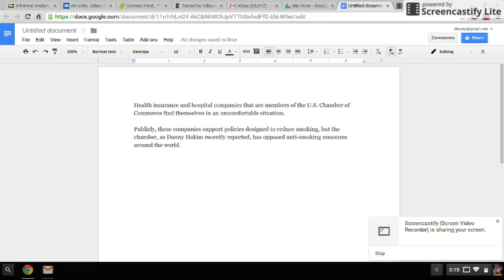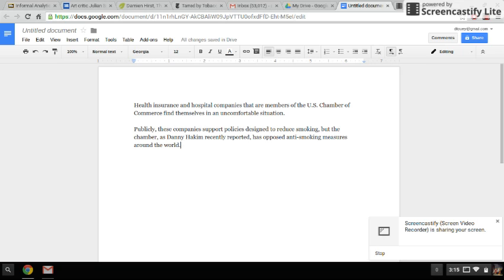The first one makes a claim. The claim is that these companies are in an uncomfortable situation, which is just a bare claim when we read it, right? But then the second sentence supports it. Publicly, these companies support policies designed to reduce smoking, but the Chamber has opposed anti-smoking measures around the world.